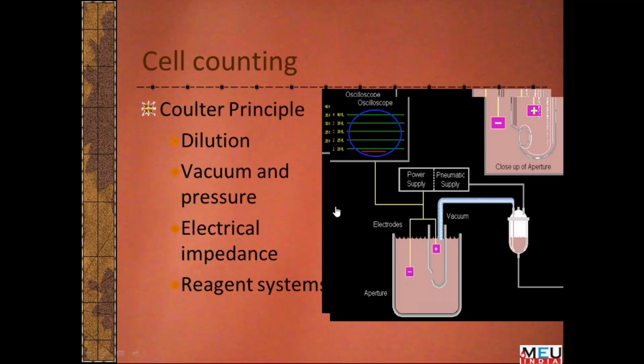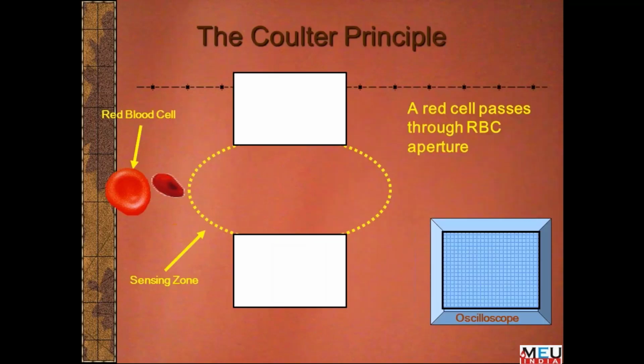There is a vacuum pump which pushes the entire blood and the diluted blood through the electrical impedance apparatus, and there is a reagent which helps in lysing the RBCs or diluting the cells so that they pass in a single file.